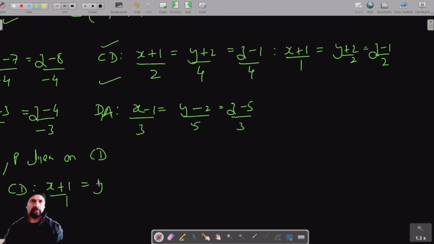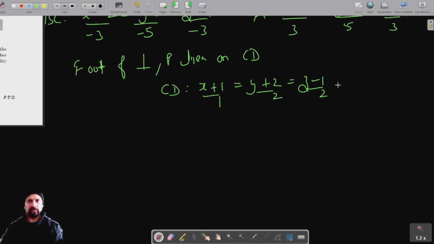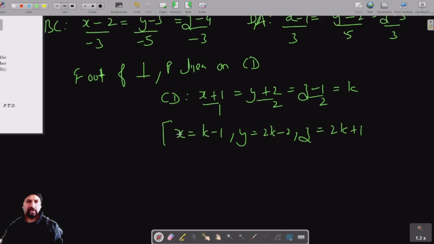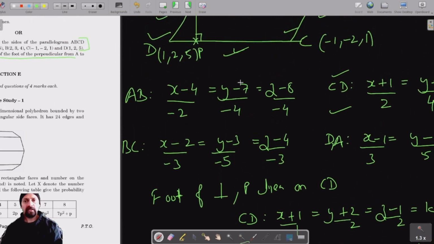So that means if I equate this line CD, the equation of CD is (x plus 1) by 1 is equal to (y plus 2) by 2 is equal to (z minus 1) by 2. Let's say this is equal to k. So this gives us x is equal to k minus 1, y is equal to 2k minus 2, and z is equal to 2k plus 1. Now, this point lies on line CD.